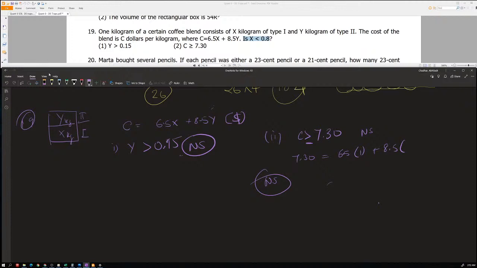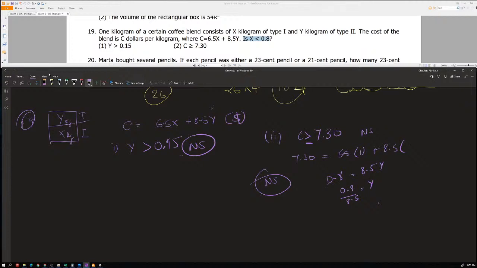So this says that with one we got 0.8 equal to 8.5 into y, which makes it 0.8 by 8.5 equal to y.